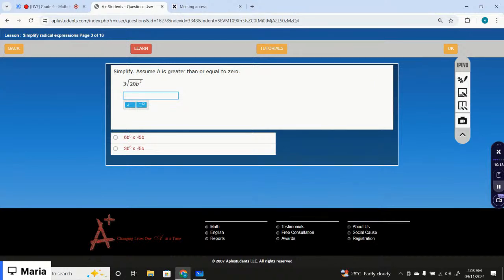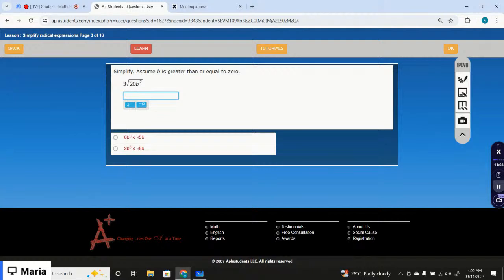That is 3 square root 20 b7. So which is the correct option? The correct option is option number 1.